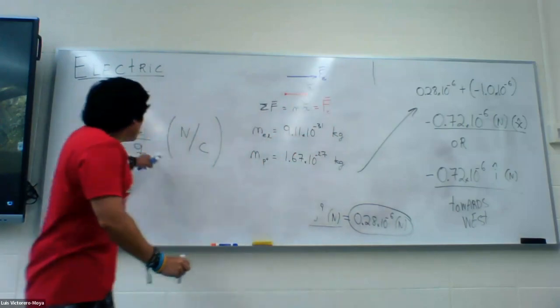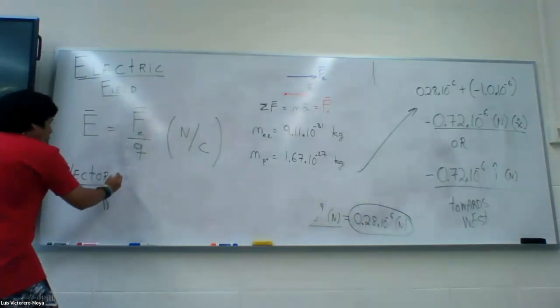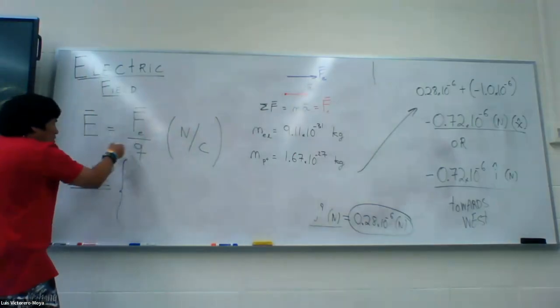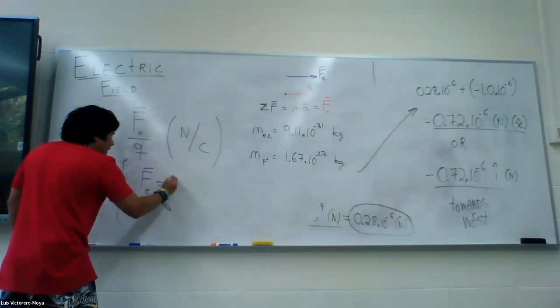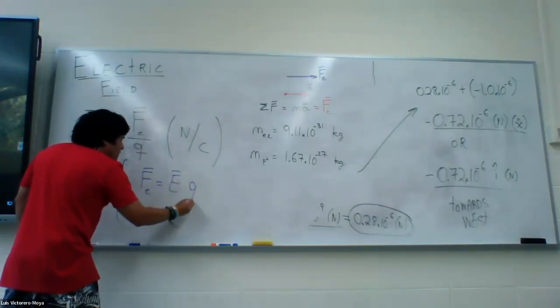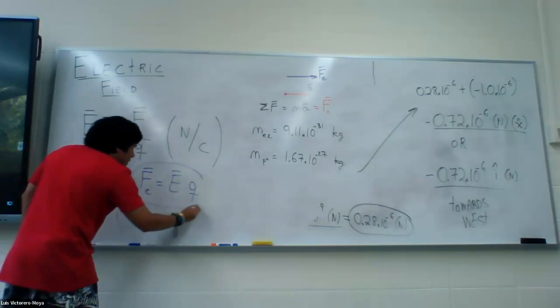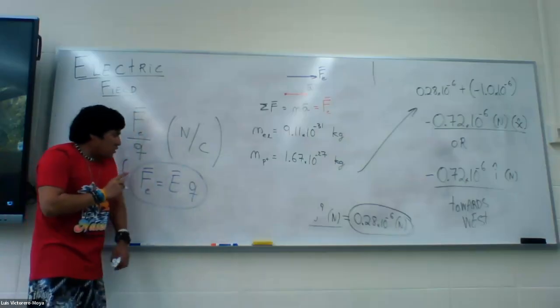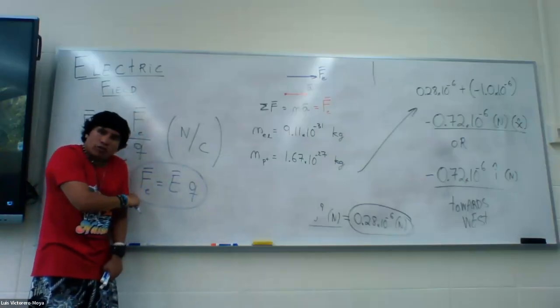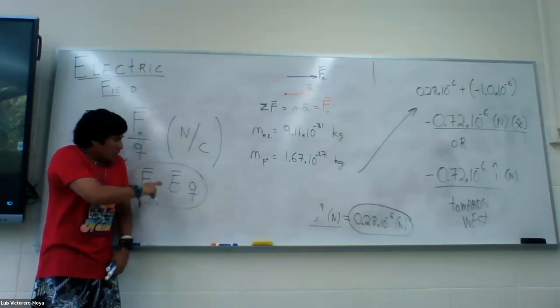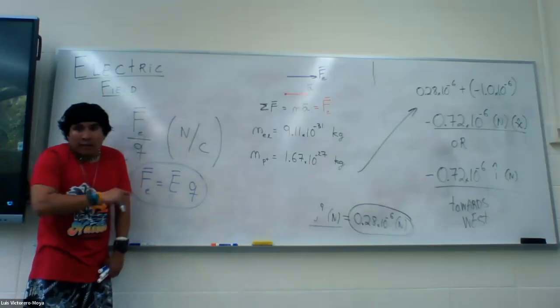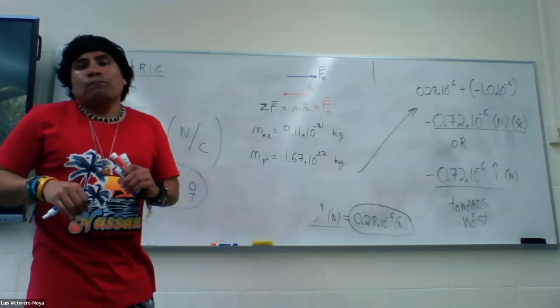Now, what do we see in this equation? We can rewrite this equation as the electric force vector equal to the electric field vector times the charge. Very important. What this is telling you is that the electric force, now we can find it by using the electric field. So the electric field and the force are parallel.